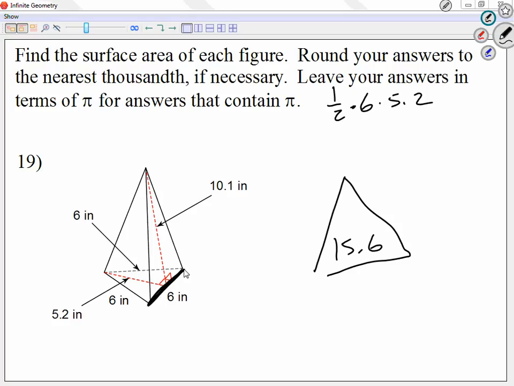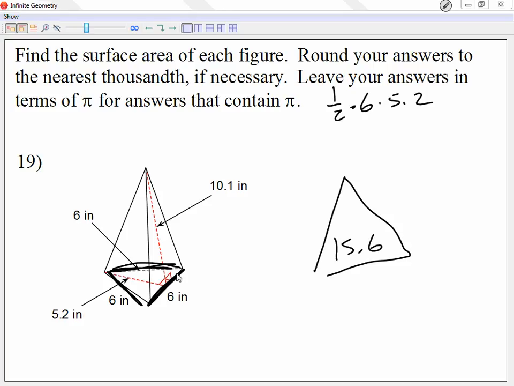So I was looking at that triangle. But remember, for the area of a triangle, multiply the two numbers across the 90 degrees. Don't forget the half. So that's why, if you notice for the 90 degrees, I have 6 and 5.2.